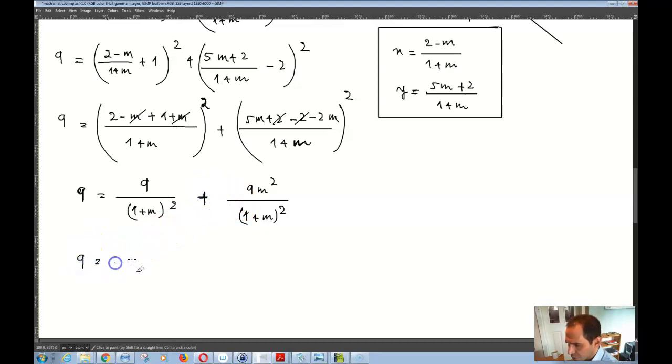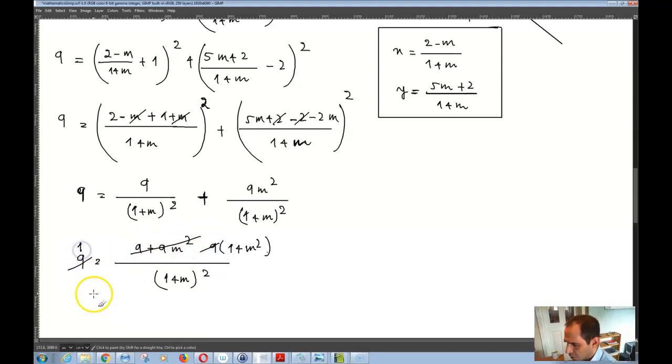So then 9 is equal to 1 plus m whole squared, 9 plus 9m squared, and then you can take a 9 out and write it as 1 plus m squared, and so you can forget about this part, and these two can cancel out, you get 1.